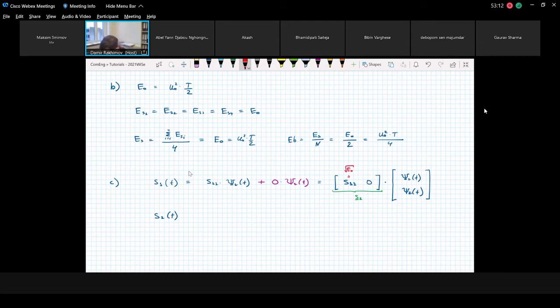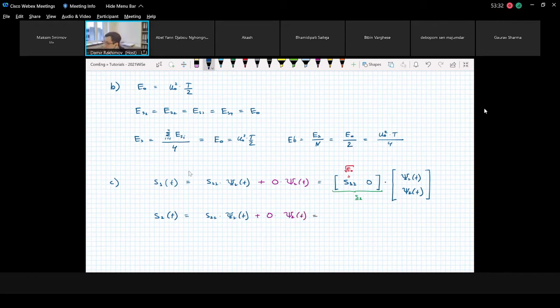Okay, if we go to second signal, we do all the same. So our second signal is S21 times psi1 of t, again plus 0 times second basis function.